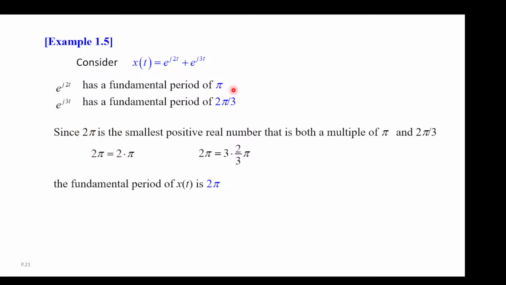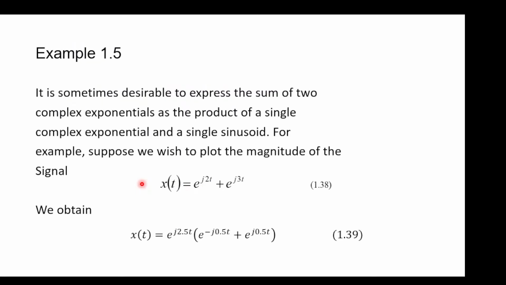So 2 pi is 2 times pi, and 3 times 2 pi over 3. So the fundamental period of this signal is 2 pi. This is also the kind of question you will see in your homework. We'll give you some signal and ask what its fundamental period is, and you need to do some derivation sometimes.